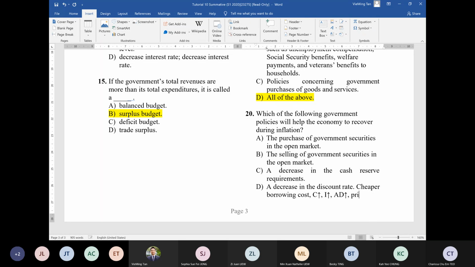Why is the price level increasing? Because C and I, the AD, are increasing. People want to have money and spend more, so this will increase the price level. Once the price level increases, inflation is getting worse.